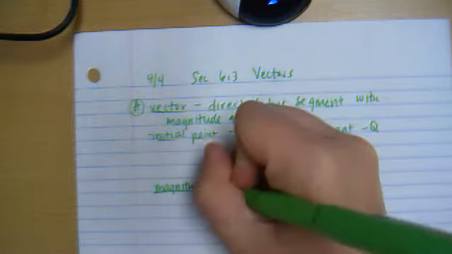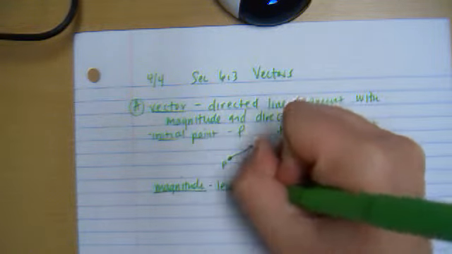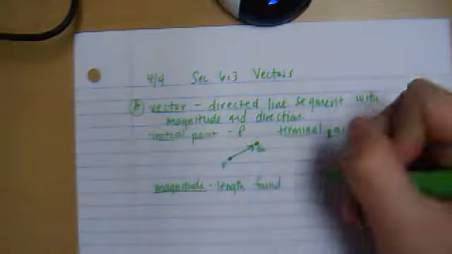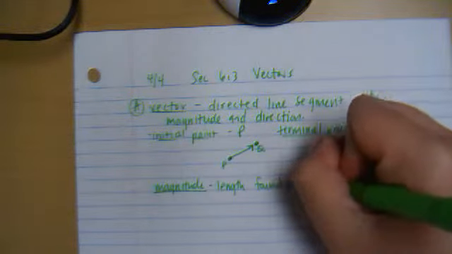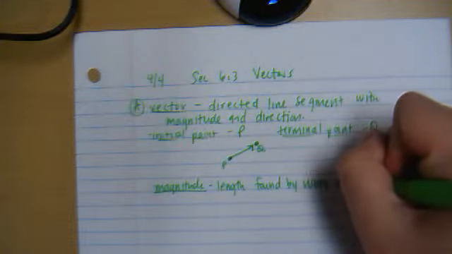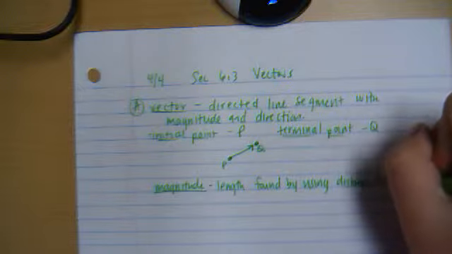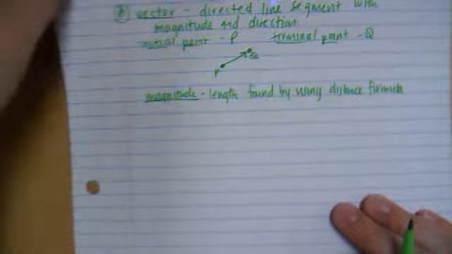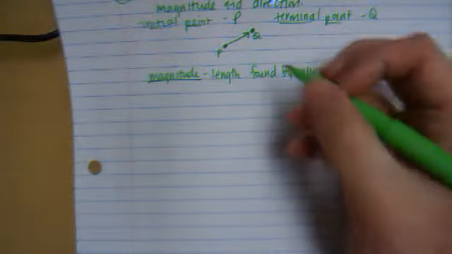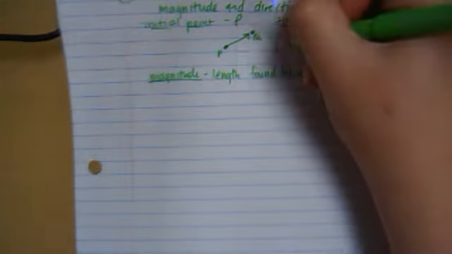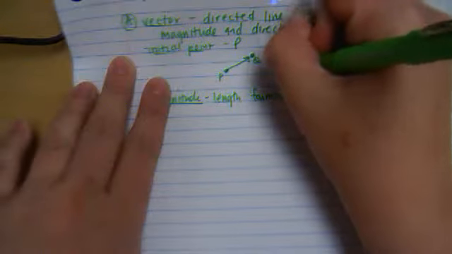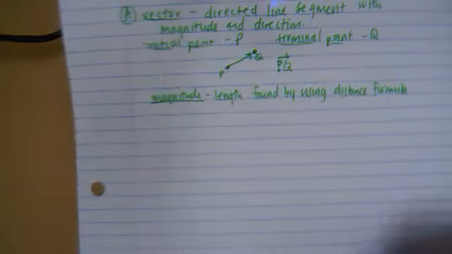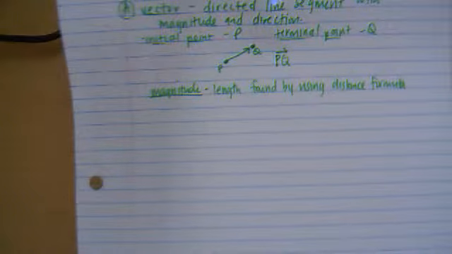The magnitude is the length of your vector. So the length found by using the distance formula. And that distance formula we've used before. This vector is written as PQ with kind of a half arrow drawn above it.